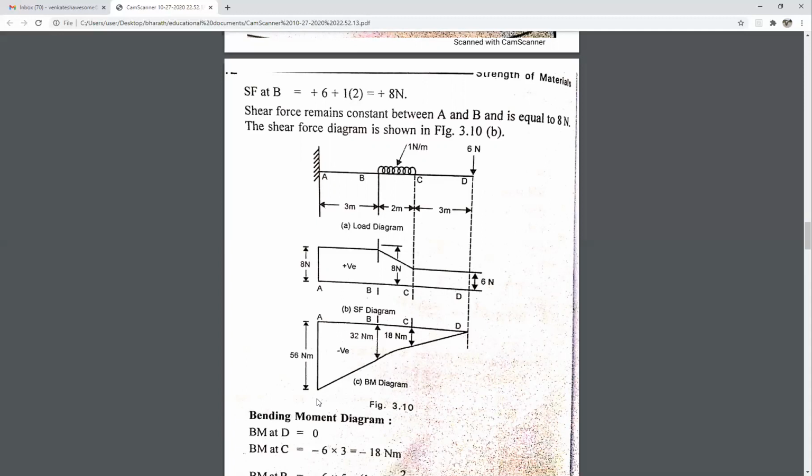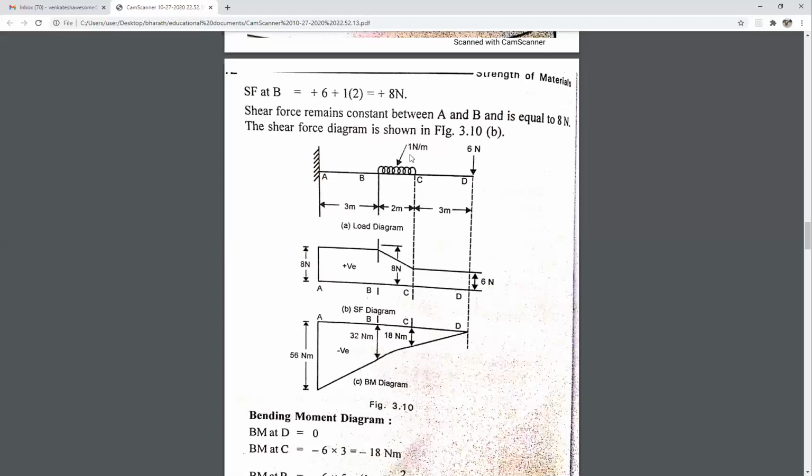Here also there is a UDL. This is another combination of a cantilever beam, a cantilever beam having two loads. One load is a point load acting at the free end, and another load is a UDL acting at 3 meters from the free end, which has a span of 2 meters.